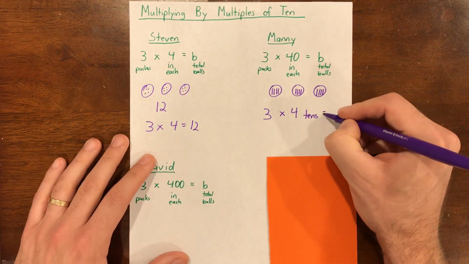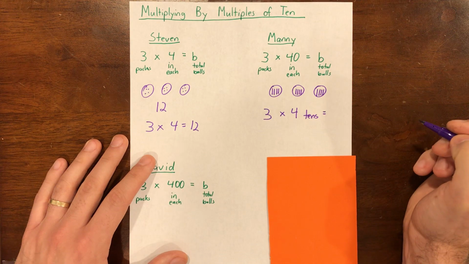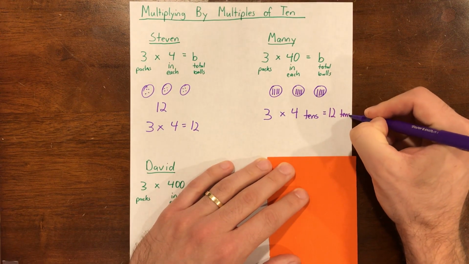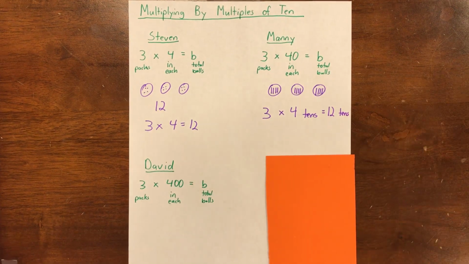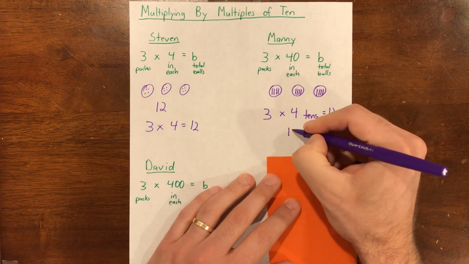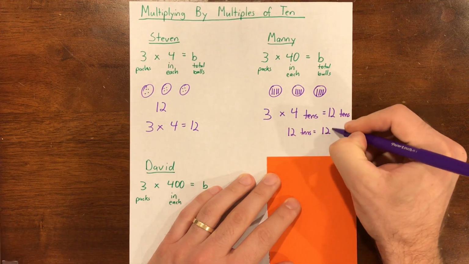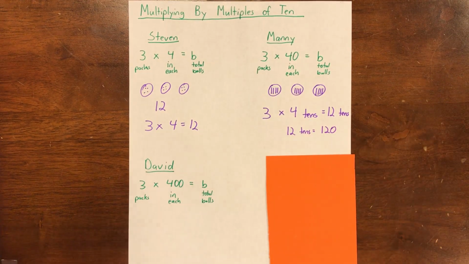Say it out loud. Yeah, 12 tens. Well, 12 tens, that is 120. Interesting.